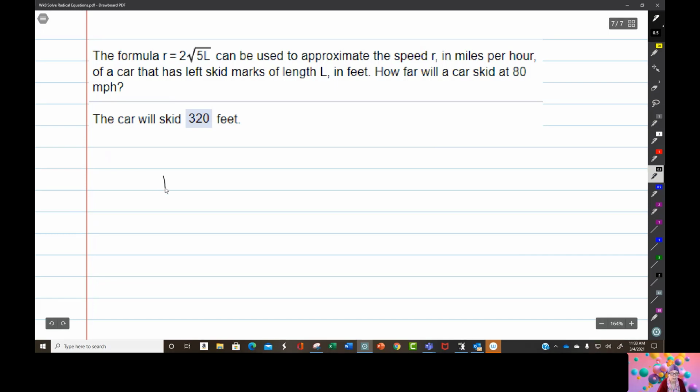We have R. R is the rate of speed, in miles per hour, and that equals 2 times the square root of 5 times L, where L is the length in feet of your skid marks.